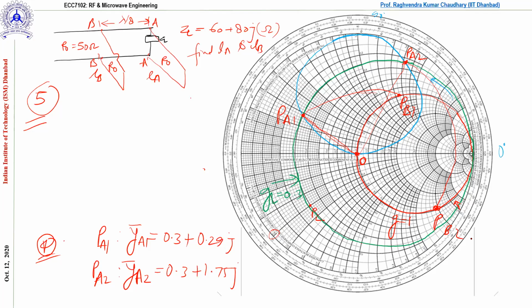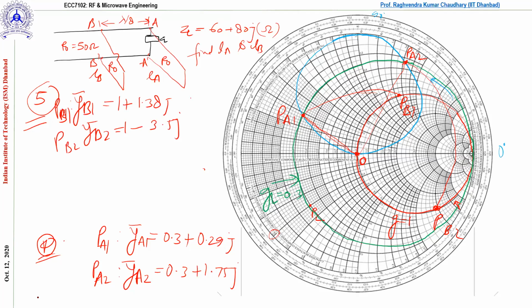Correct? Now read these 2 points over the G equal to 1 circle. If you read these, you can find YB1 is 1 plus 1.38j, and YB2 corresponding to the PB2 point is 1 minus 3.5j.